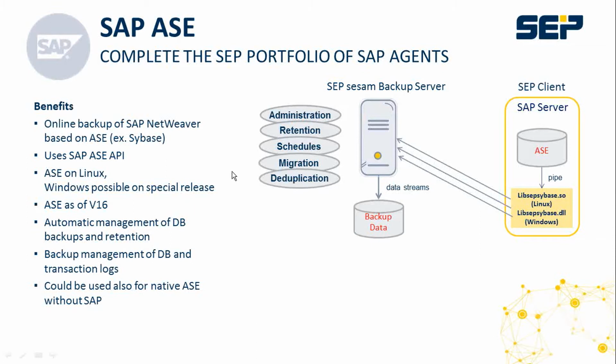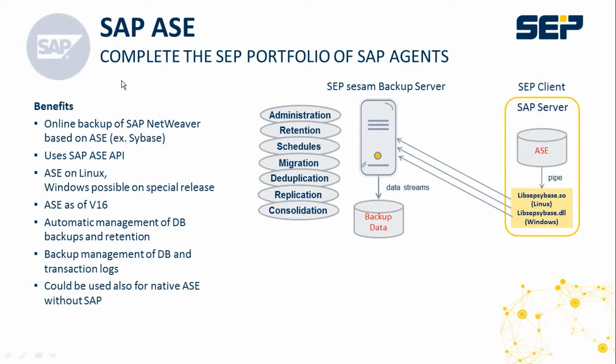You can use the deduplication and reduce the amount of backup data significantly. And therefore, you can save a lot of disk storage with our deduplication algorithm. And you can make use of the replication for also bringing data to another offsite location for disaster recovery purposes.